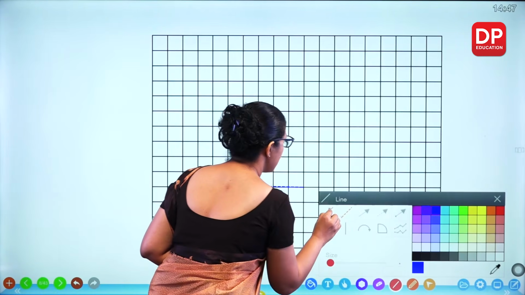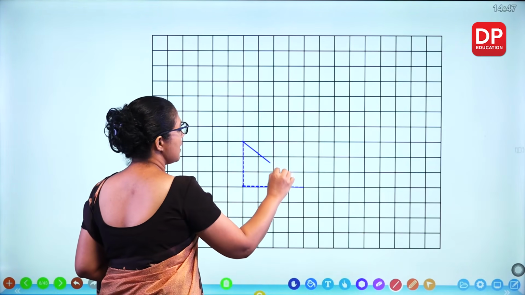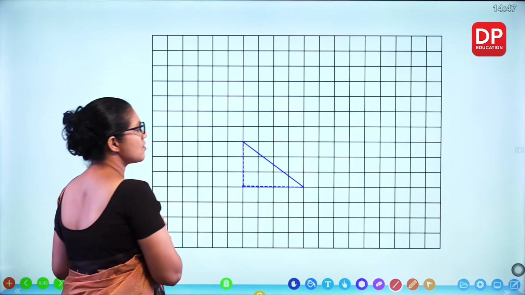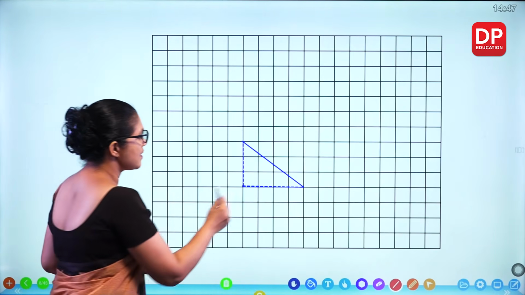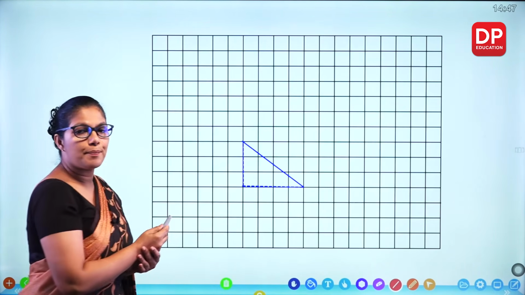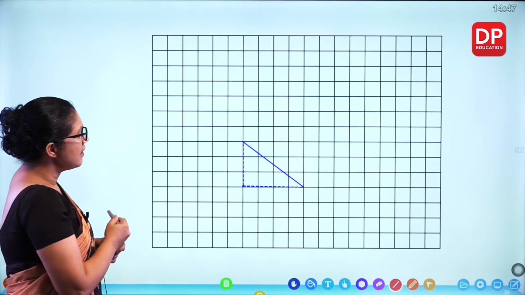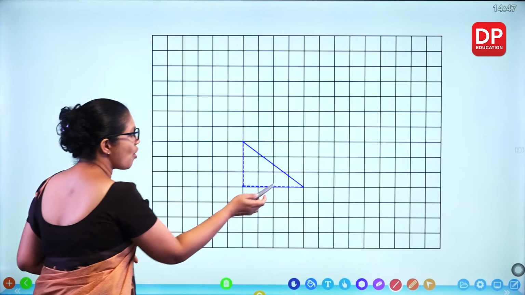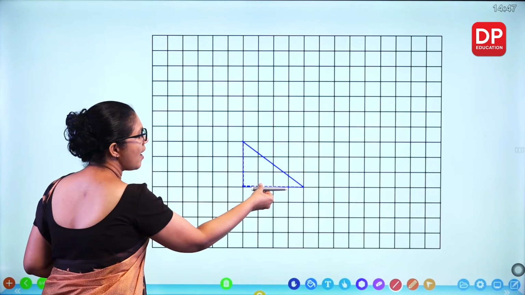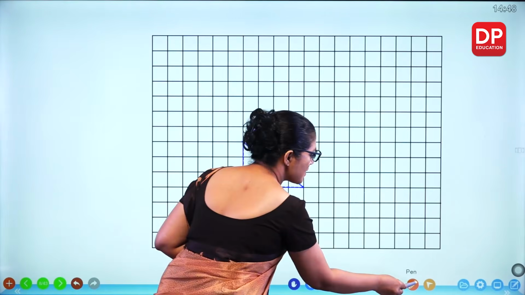So here I get this triangle, 4 squares here, 3 squares up. Then I want to get the square on all sides.